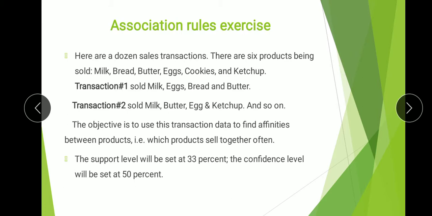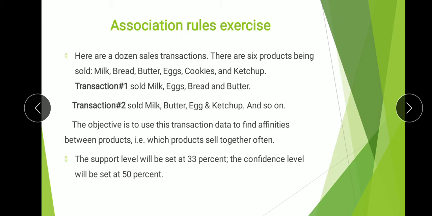So the objective is to use this transaction data to find affinities, in the sense relationships or association rules between the products, that is, which products sell together often.